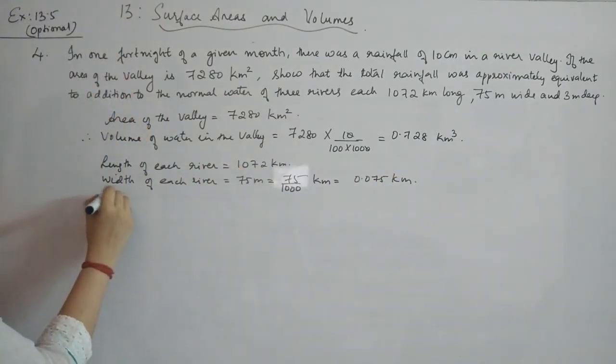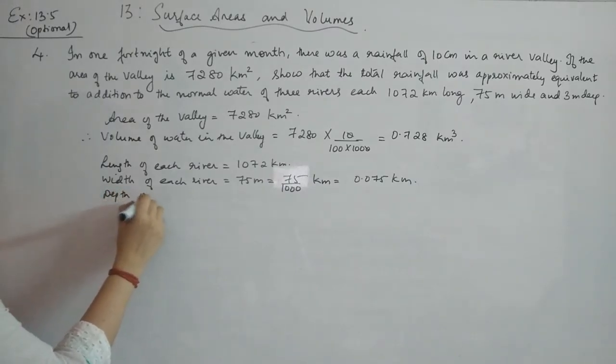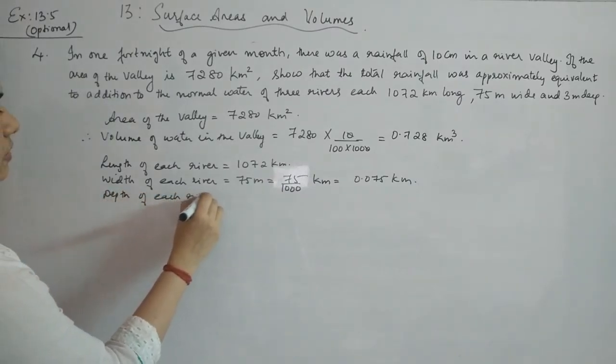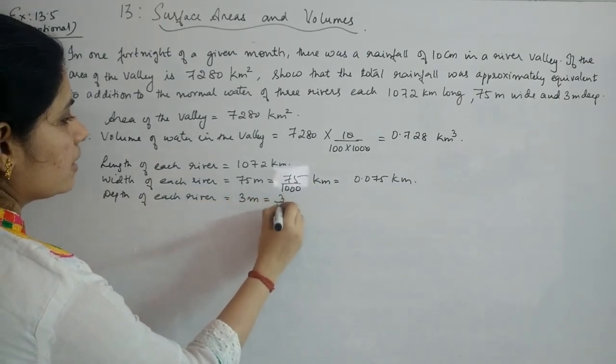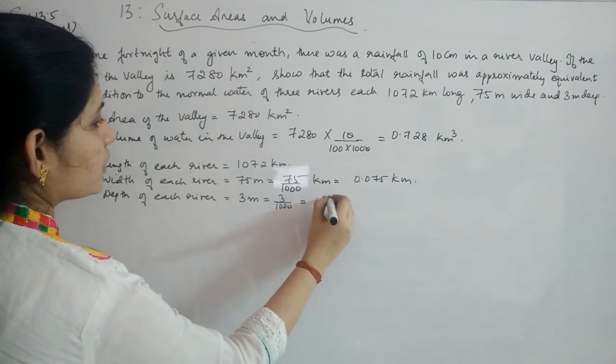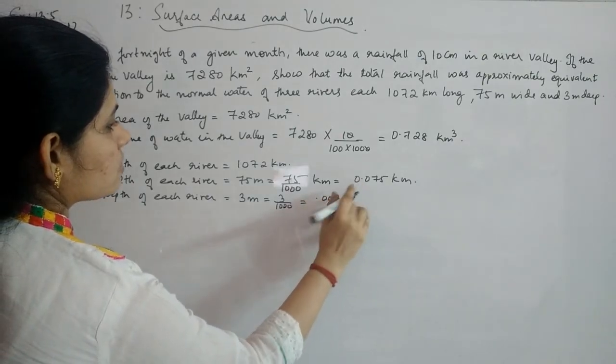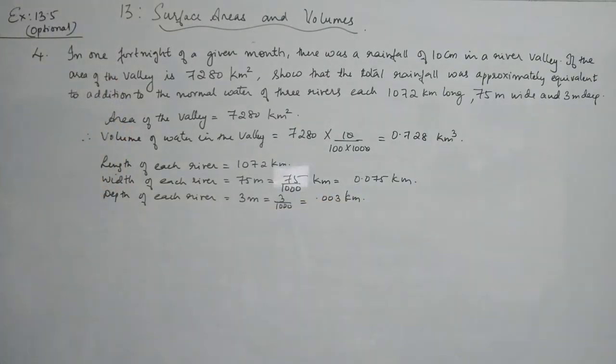Next is depth of each river, which is equal to 3 meter, again 3 by 1000 will give you 0.003 kilometers. So this much you have got for calculating the volume of the river.